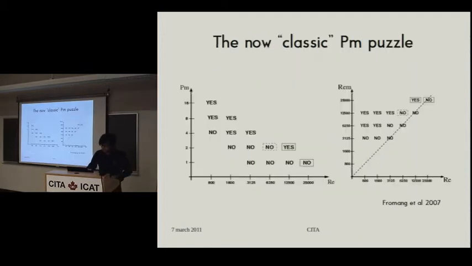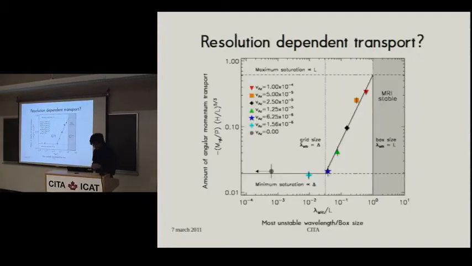So this was formalized into a slightly more physical argument. I should just say that all of these simulations they're analyzing did not include explicit terms in the equations for resistive dissipation and viscous dissipation.